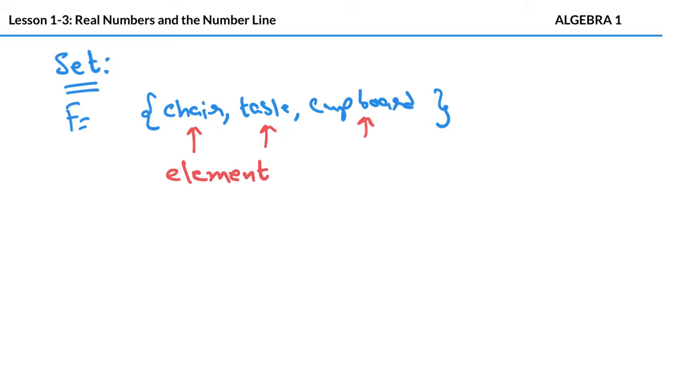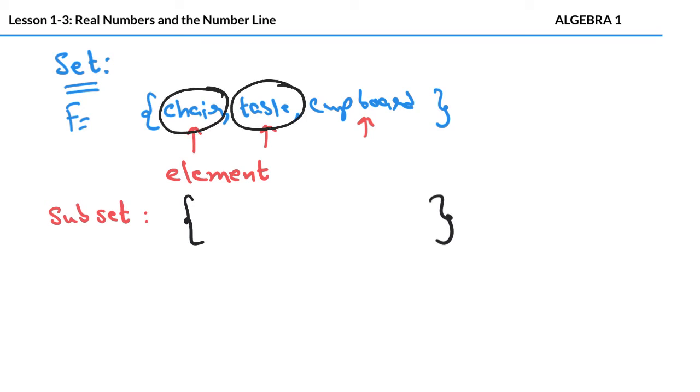Now a subset is nothing but a set consisting of elements from the given set. If I pull out only 2 elements from this set, chair and table, and write them over here, this becomes a subset of this set F.